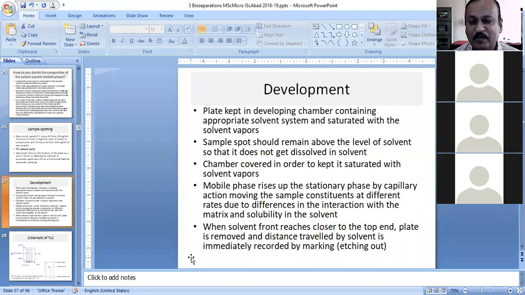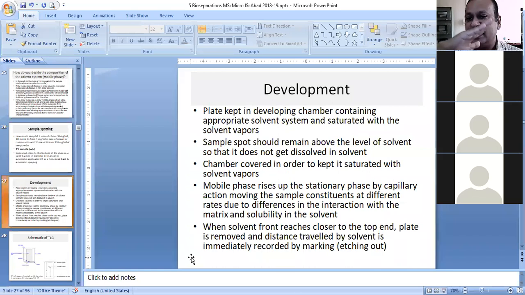You want the solvent level to rise over the stationary phase as a uniform line, isn't it? It should be a perfectly horizontal line, and therefore the plate should be kept vertically upright. It should not be tilted. If the plate is tilted, then the solvent will not rise properly in the form of a horizontal line, but it will be an inclined line.